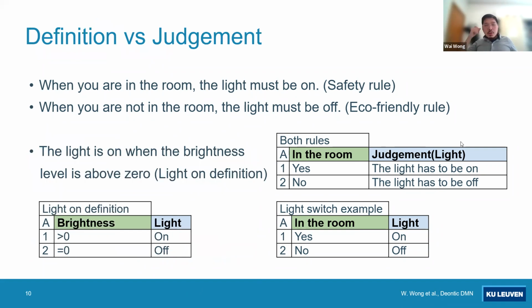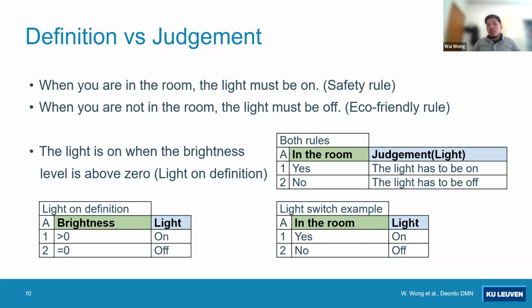All right. And the issue regarding the difference between definition and judgment. When it comes to Deontic terms, you can say in the room, the light is on; not in the room, the light is off. This is what's called the ideal scenario, what you prefer to be.